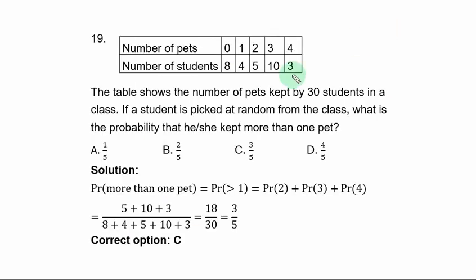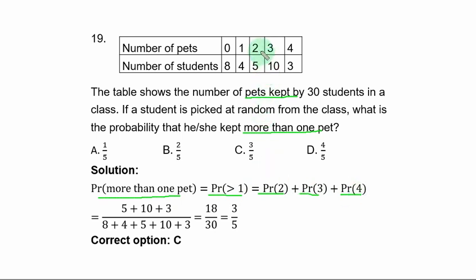Question 19. The table shows the number of pets kept by 30 students in a class. If a student is picked at random from the class, what is the probability that he or she kept more than one pet, that is greater than 1? So the probability of more than one pet is expressed in this form. That means those that kept 2 pets plus 3 pets plus 4 pets, their respective probabilities.